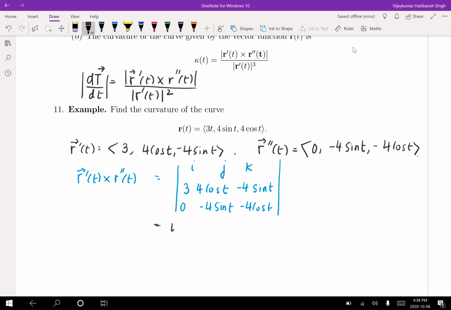I times, so 4 times 4, it's going to be 4 square cos square t with a minus sign, minus 4 sine square t; minus j, so minus 12 cos t, then that will be 0, so minus 12 cos t.